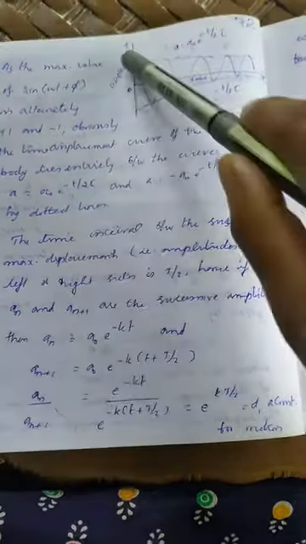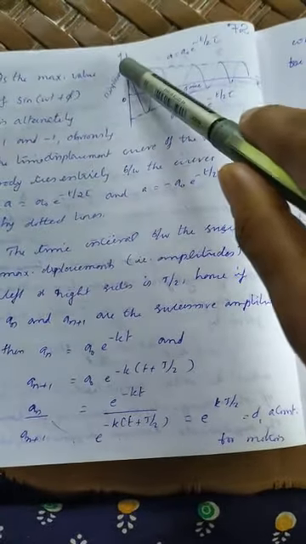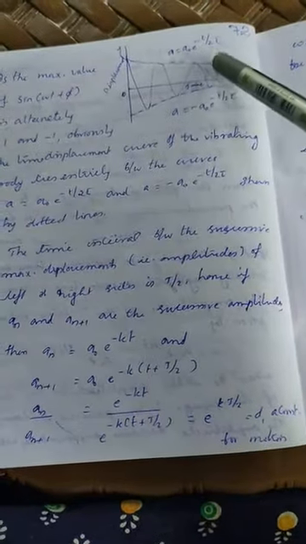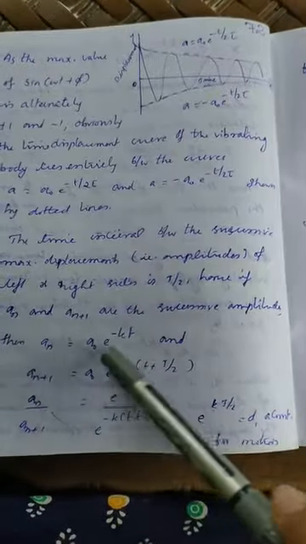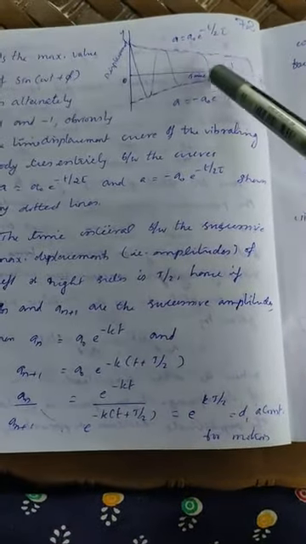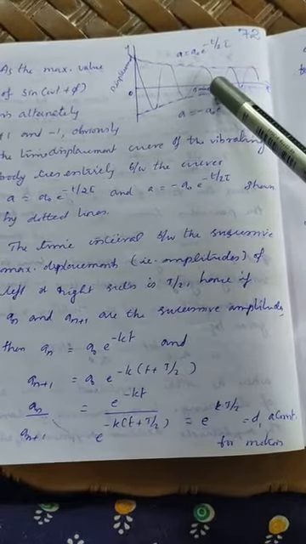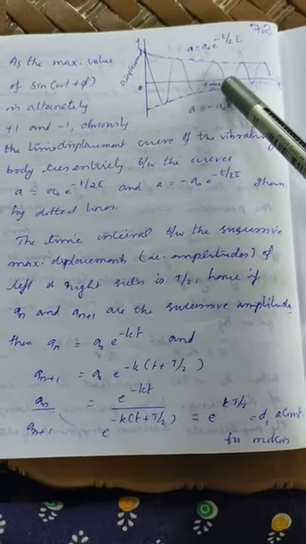So if this is the nth amplitude position, we can represent it by an equation like this, and the next amplitude position on the other side is an plus 1. It is after a period of t by 2.